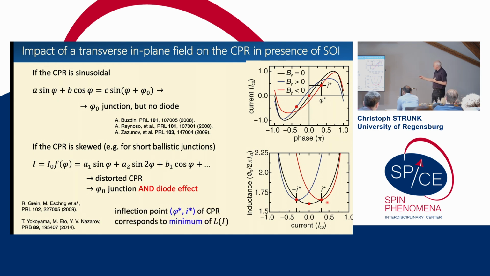That is because this minimum here corresponds to the inflection point of the current phase relation that goes away from zero. Okay? And so that is the signature in the inductance.